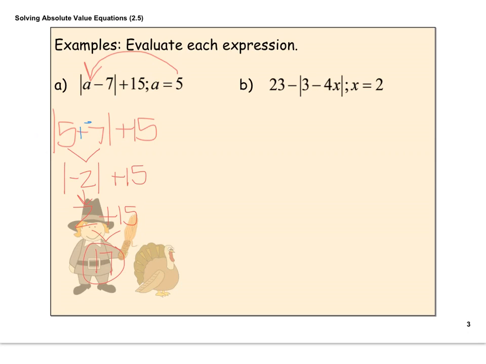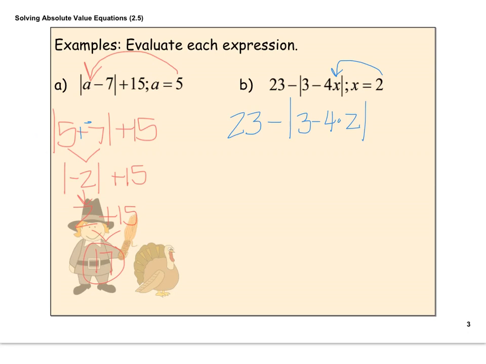Example B, same thing. Here's my expression. Here's what x is equal to. So we're going to take this 2 and we're going to plug it in for x. So let's go ahead and write 23 minus absolute value of 3 minus 4 times 2 inside the absolute value.